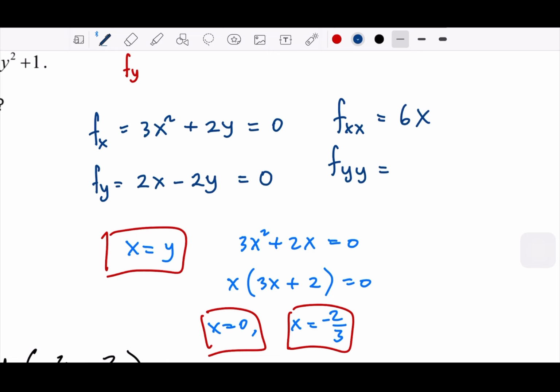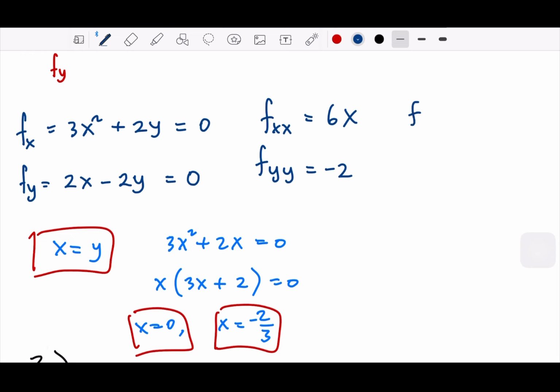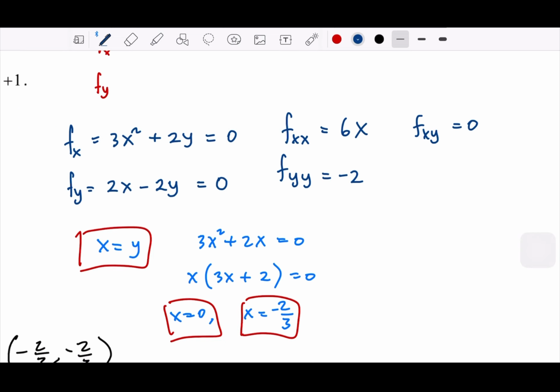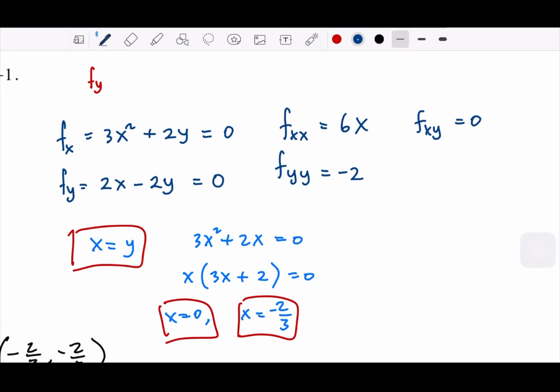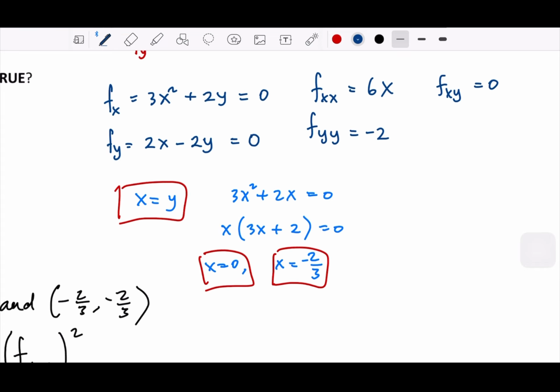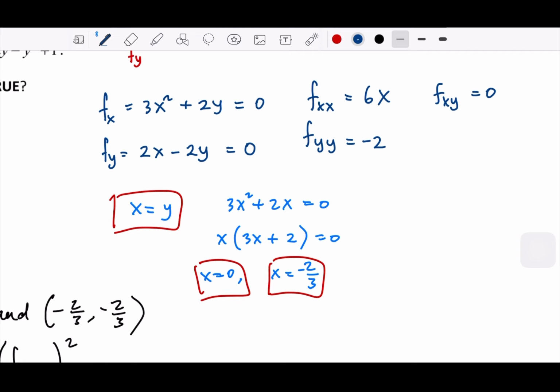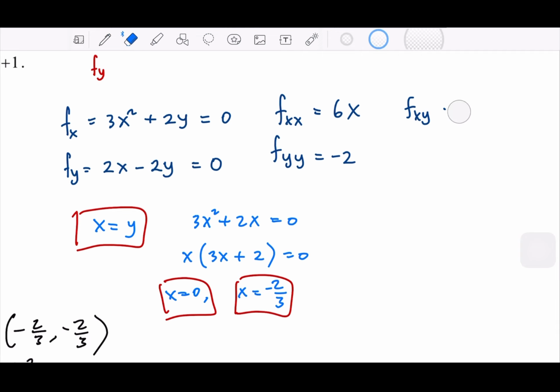Partial yy will be negative 2. Partial xy will be, sorry, not 0, partial xy will be 2.